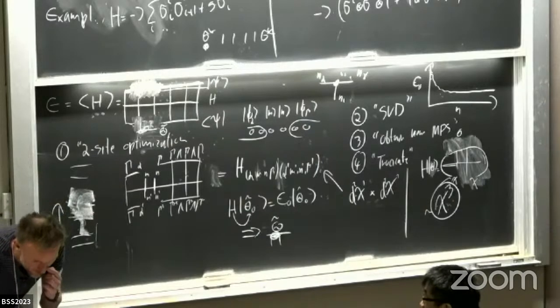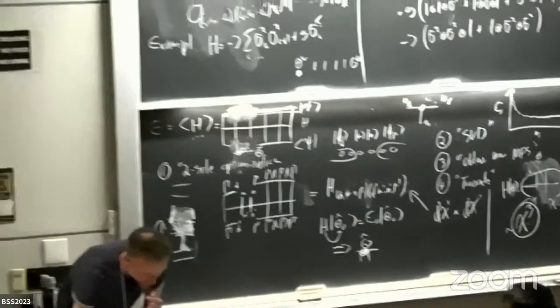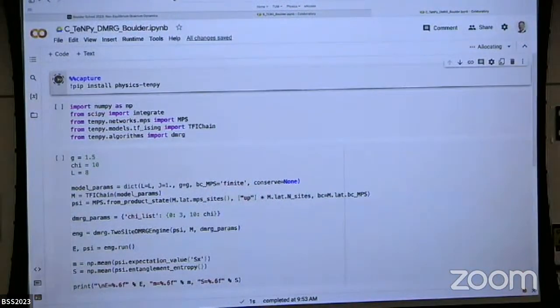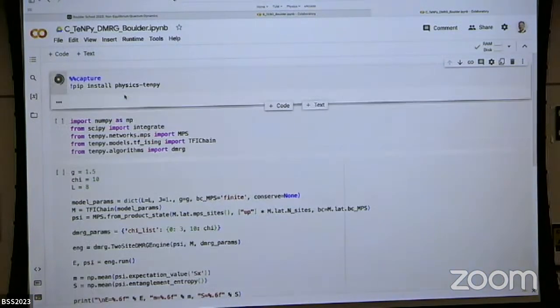Now you can also play with the DMRG code. For the DMRG code, I haven't uploaded a toy code here, but I instead want to show briefly how to do this with a software package called TensorNetwork Python.